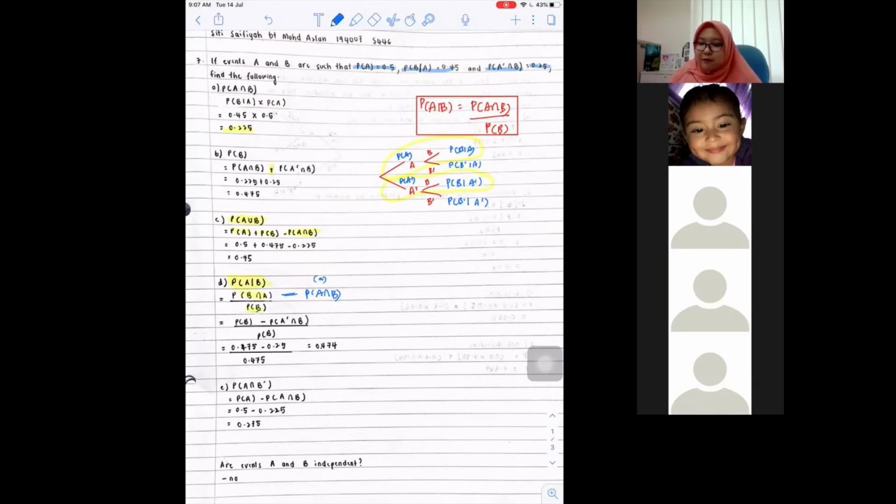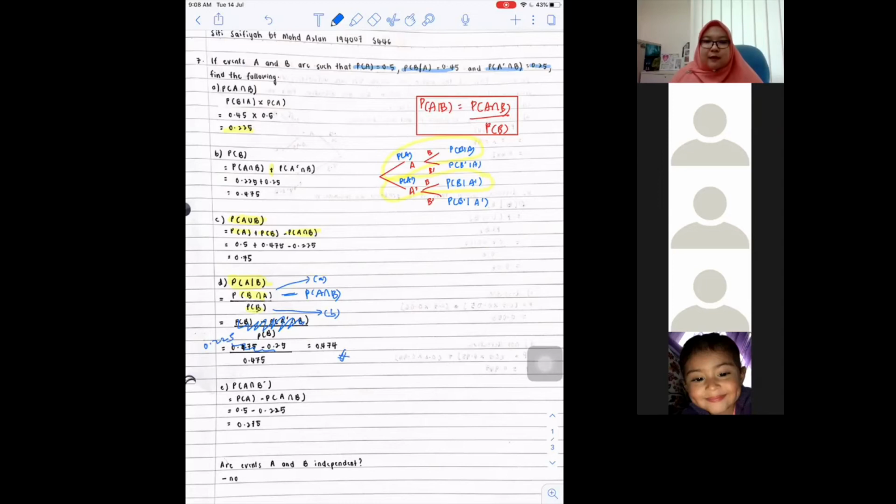And then we already have P(B) also from part B. Okay, no need to use this other formula. This is just from part A, this is just the answer from part B. Just take the answer. Okay, 0.225. So just divide it, you'll get the answer.